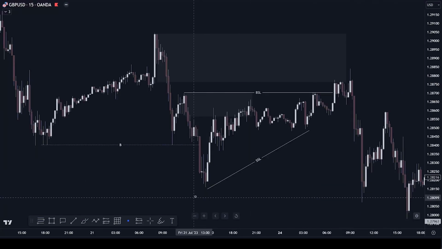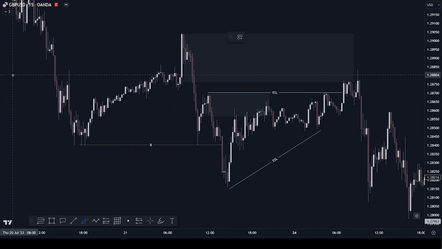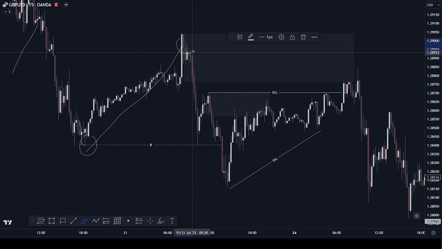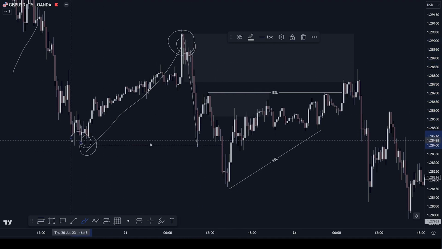Second example here. As we can see, the market is clearly bearish, so it's making lower lows and lower highs. Price here is putting in a lower high. We can see that price goes to the swing low, reacts to it, creates a high, and then breaks the market structure.